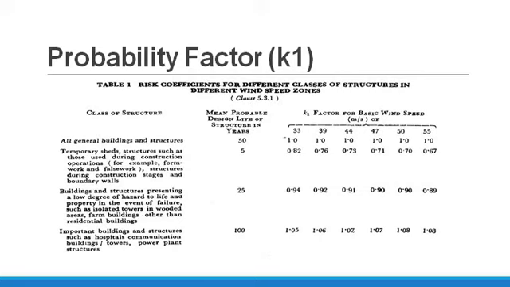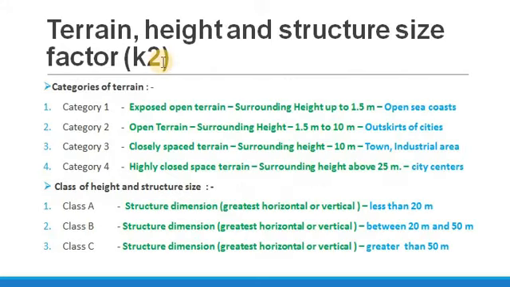Moving to the next factor, factor K2, that is terrain, height and structure size factor K2. Now it has different categories. Category 1, that is exposed open terrain, surrounding height up to 1.5 meter.